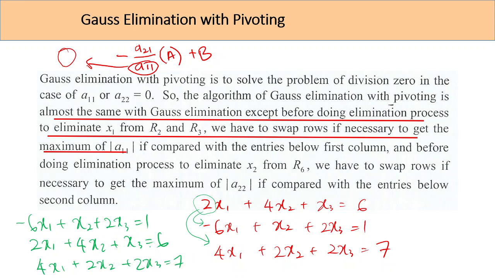Then we start the process. That is Gauss elimination with pivoting.